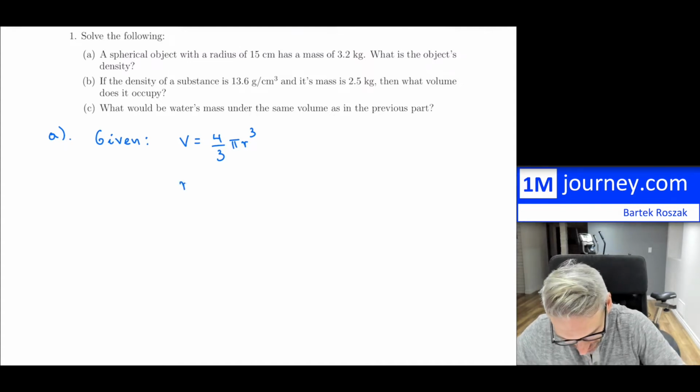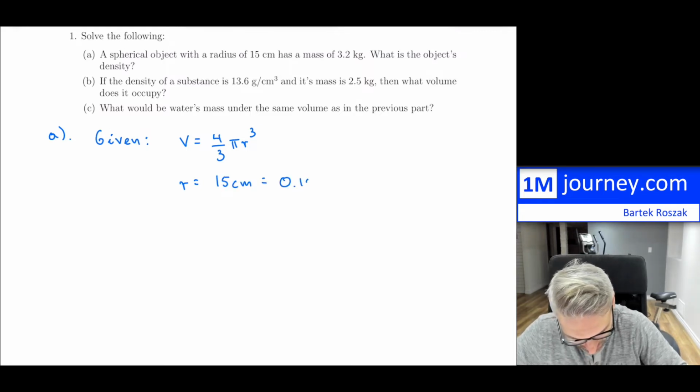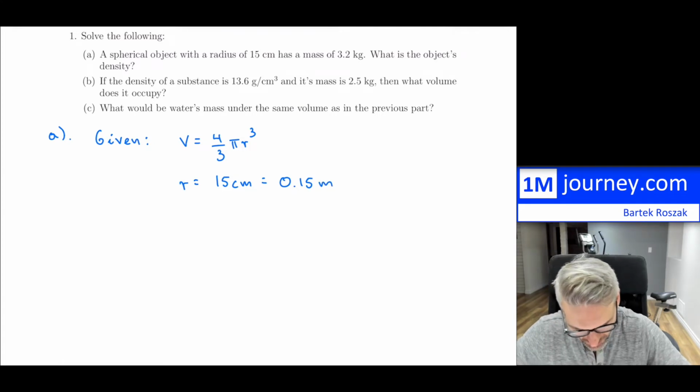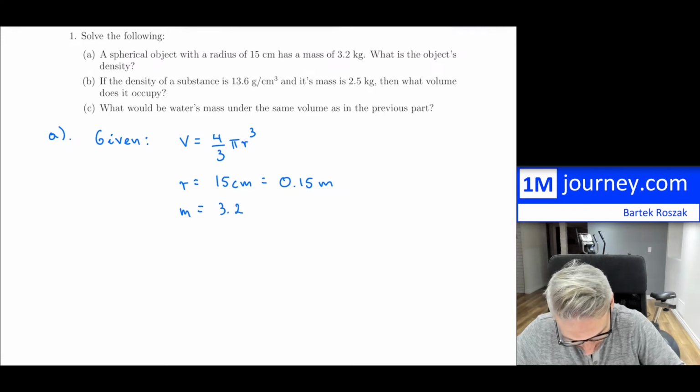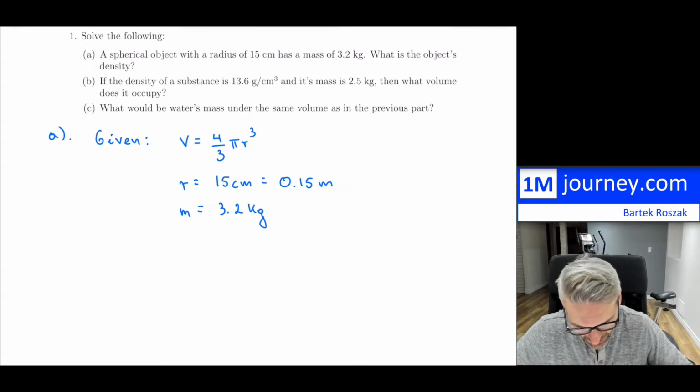Now the radius is 15 centimeters. Because we want SI units, I'm going to change this to 0.15 meters, just because of a prefix. And then I have my mass, which is equal to 3.2 kilograms, which is already in standard metric units.